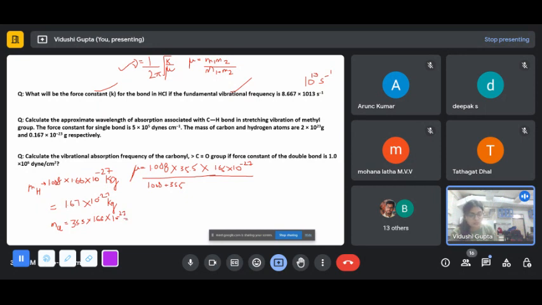So here the mass will be approx 5.89 into 10 minus 26.